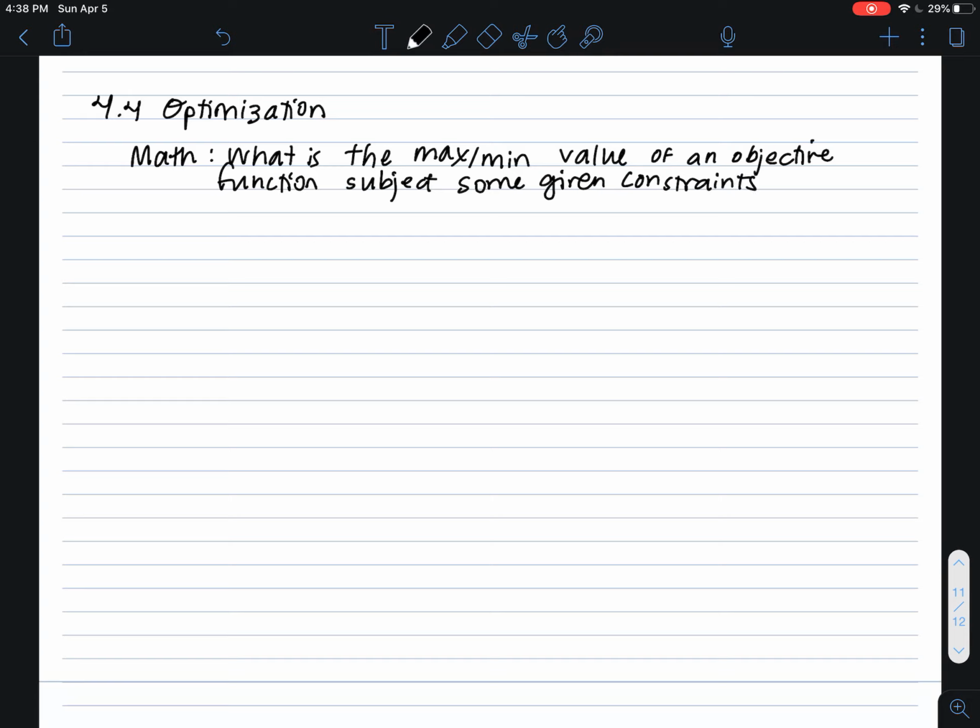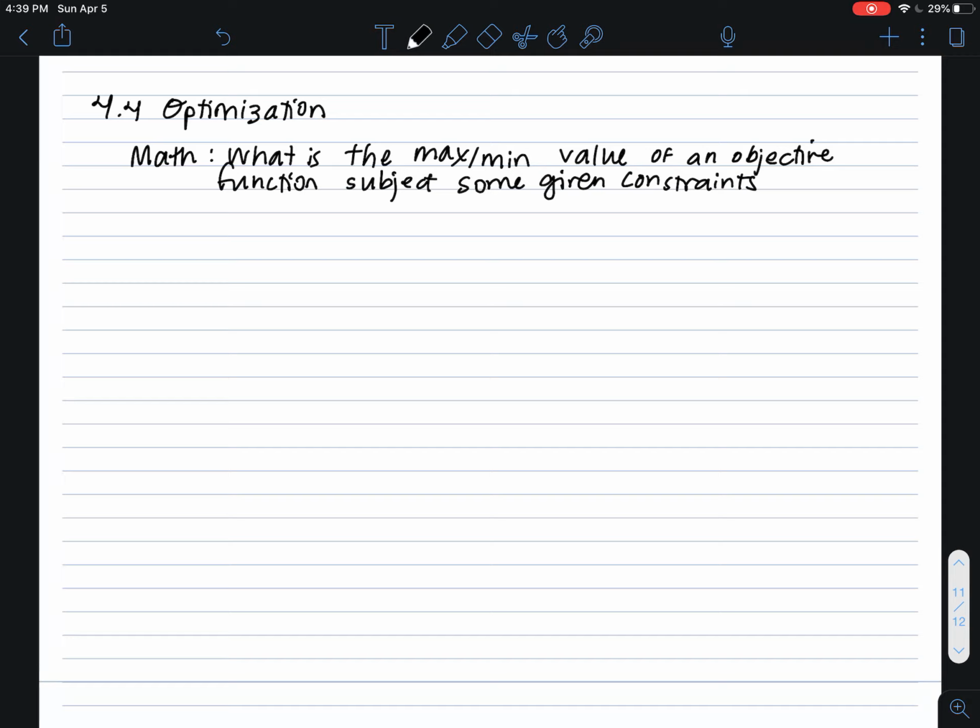So, for example, what is the maximum number of homework assignments I can complete in a day under the constraint of 9 hours of work time? The answer is much more than I have actually been doing.